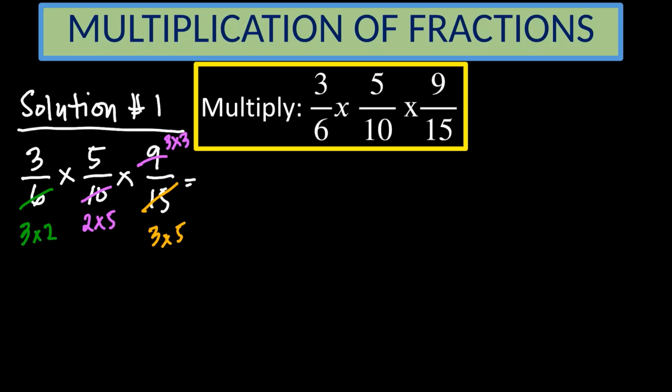So let's take out the common factors. Let's take out 3 here and 3 here. We have another 3 here and here, and we have 5 here and 5 here. Some more? No more. So what is left in the numerator is this one, 3.